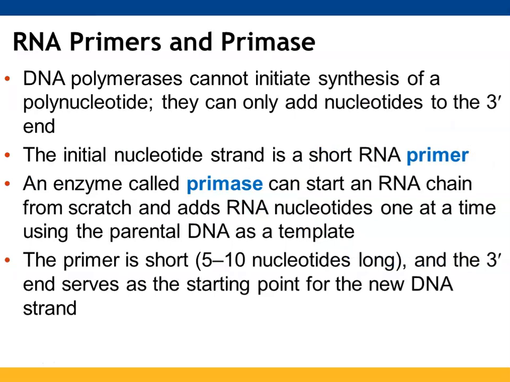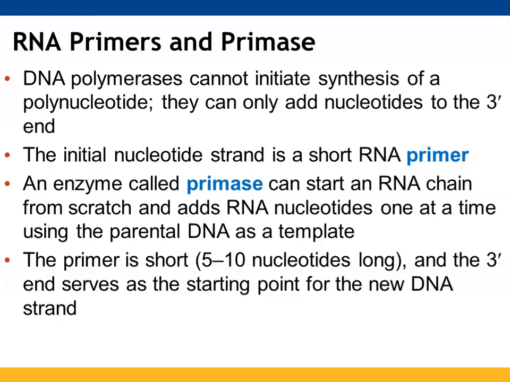Polymerases, DNA polymerases, are what are going to add nucleotides to create those daughter strands of DNA. But they can't add nucleotides initially. They can only add them to a 3' end. And so RNA primers are going to help to make that possible.